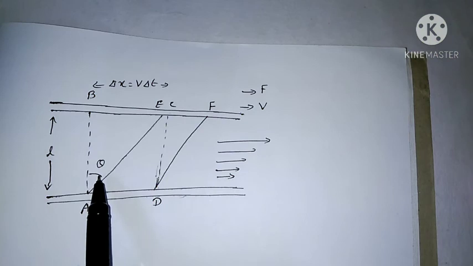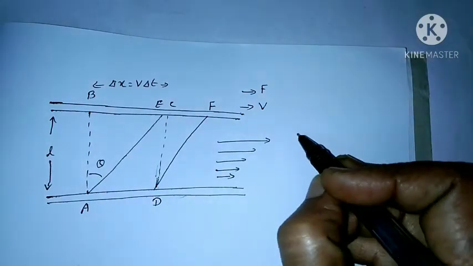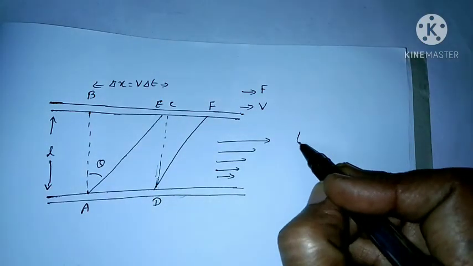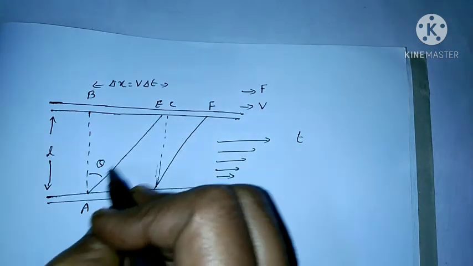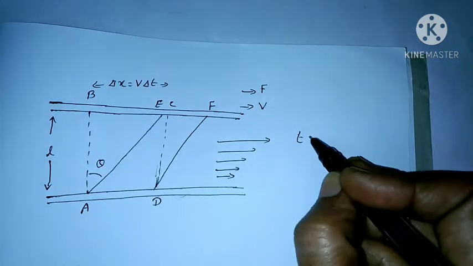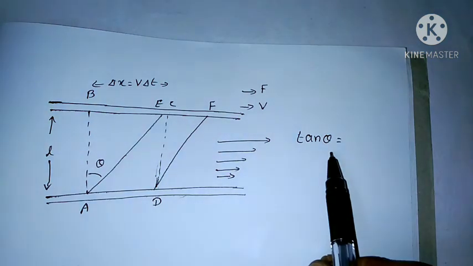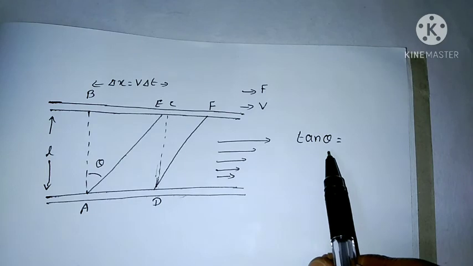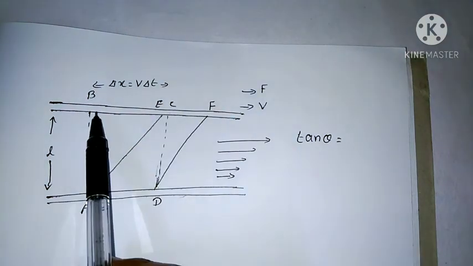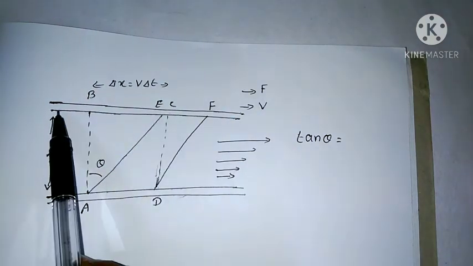If you consider this as a triangle, tan theta is the shearing strain, defined as the ratio of relative displacement to the length.